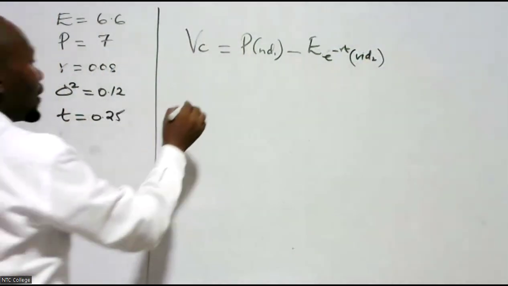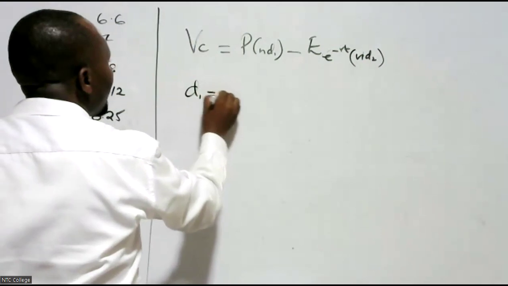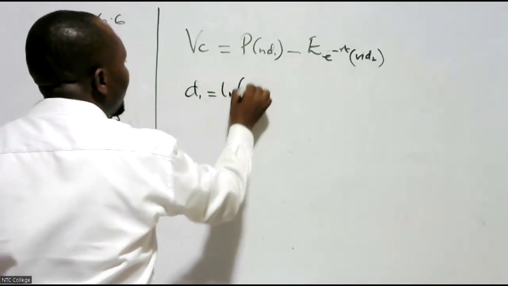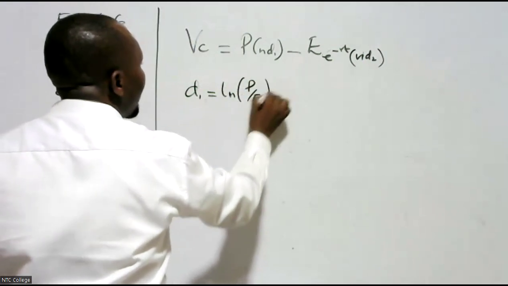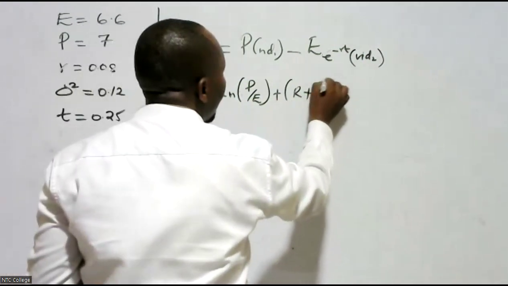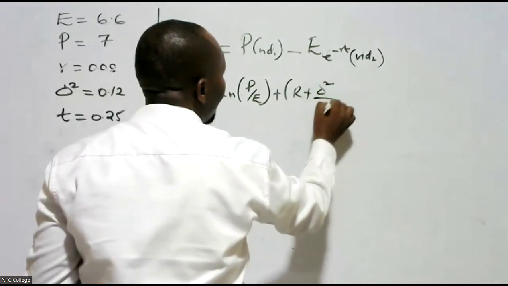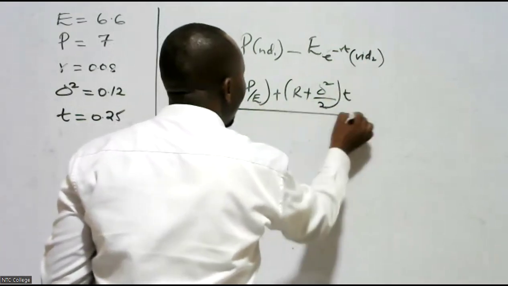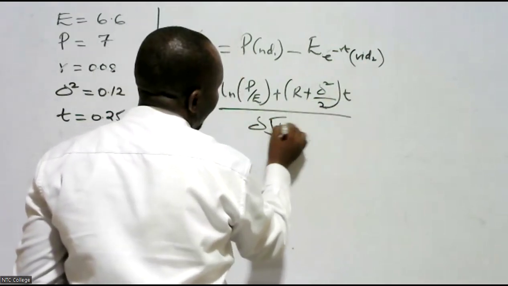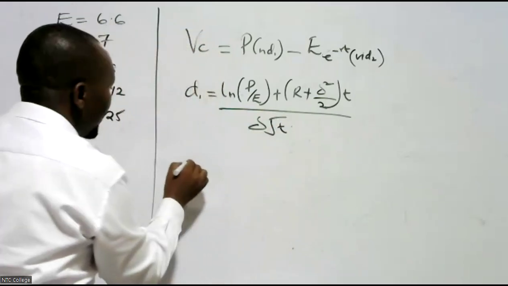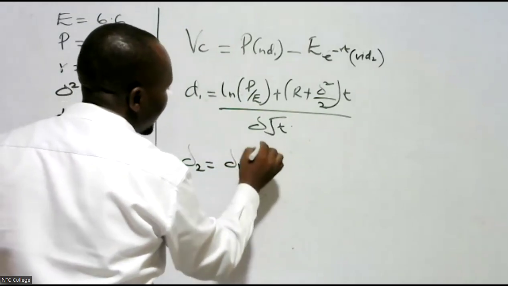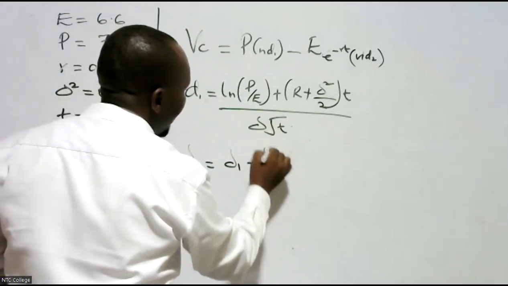So D1 is equal to Ln, that is natural logarithm, of P all over E, plus R plus standard deviation square all over 2, times T, all over standard deviation times square root of T. And then we have D2. D2 is equal to D1 minus standard deviation times square root of T.